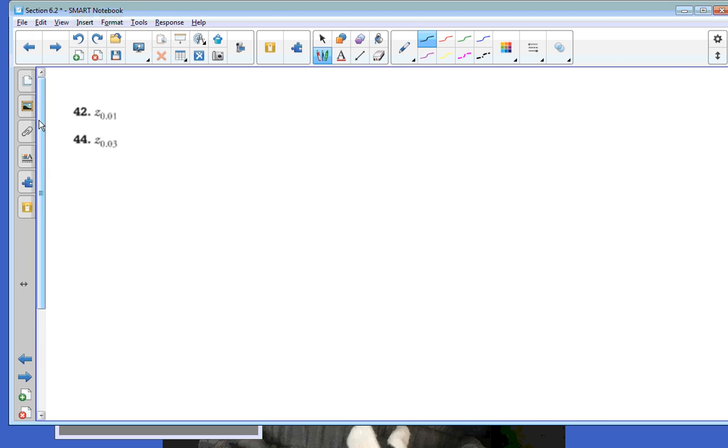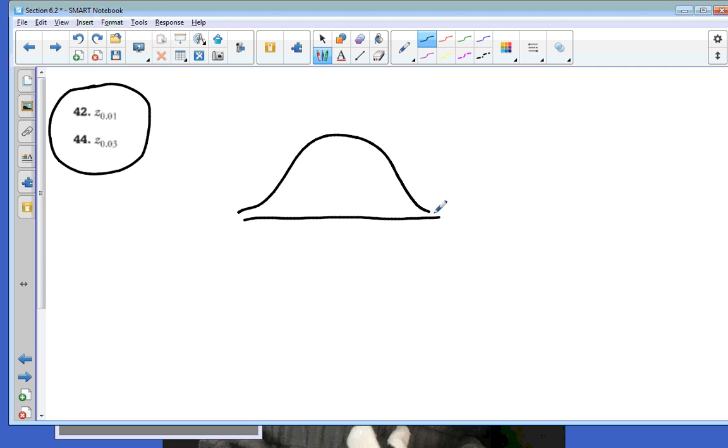So let's practice here. This time, we're going to look in the opposite direction. Remember, our notation z of 0.01 means the z-score with the area to the right of 0.01. Well, if we have an area down here, it's 0.01.